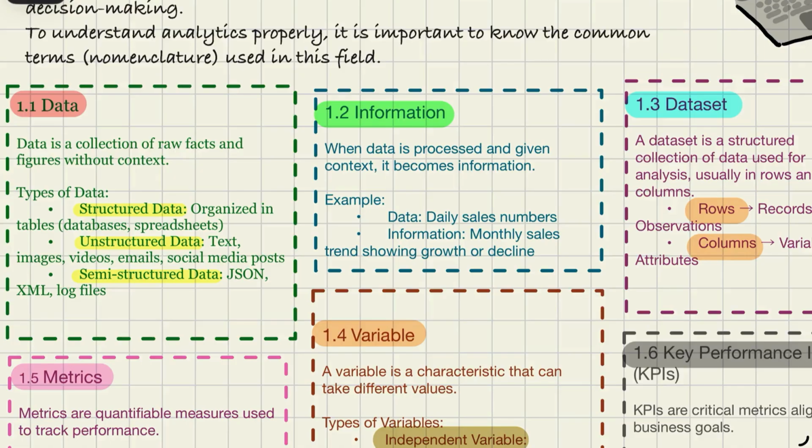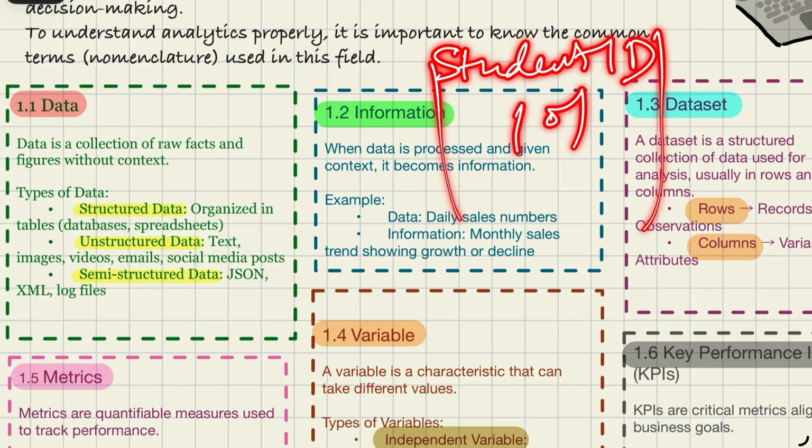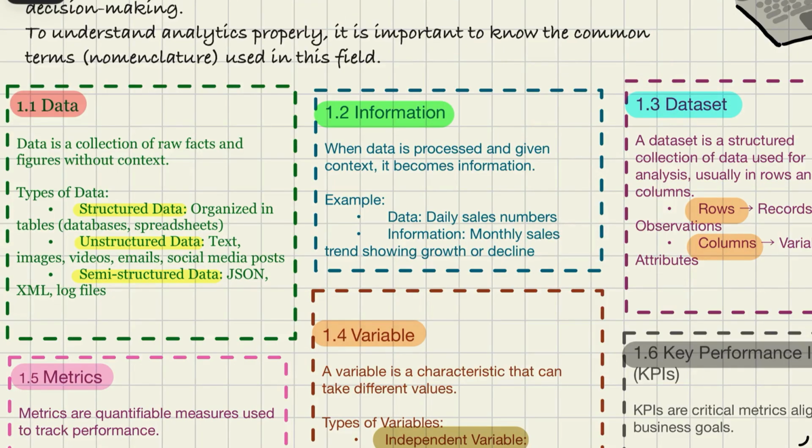A single random column with numbers like 101, 102, 103 is just data. Once you add a label to the column, for example, student ID, above 101, 102, 103, what is this? This is what you call a data set, right?